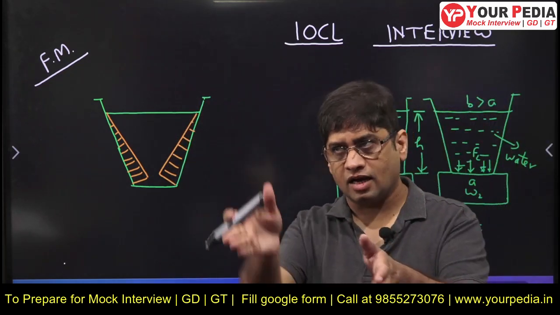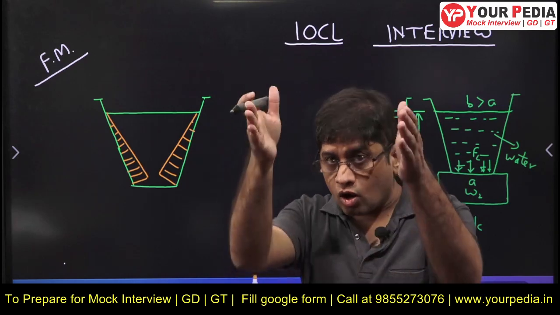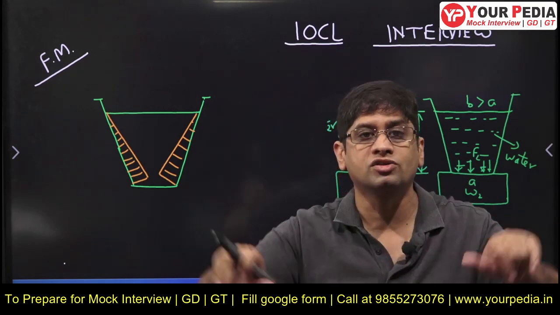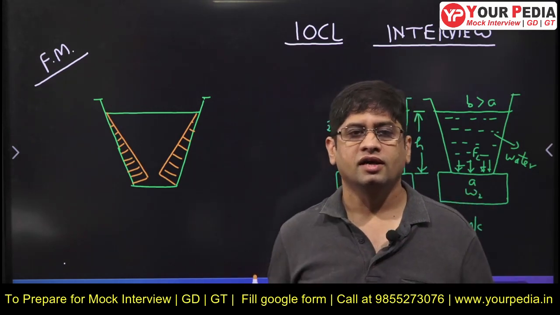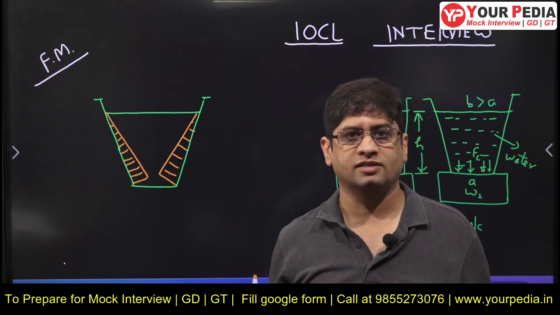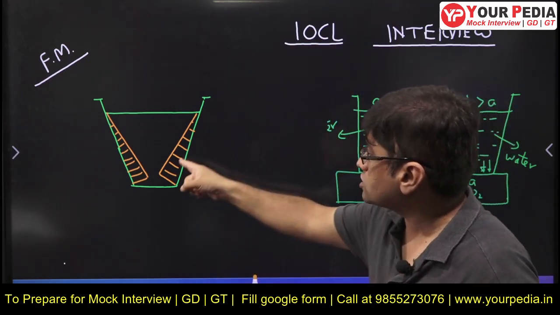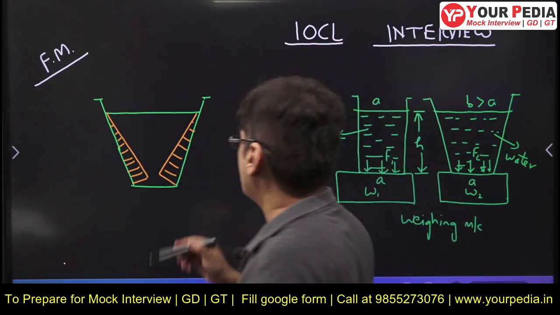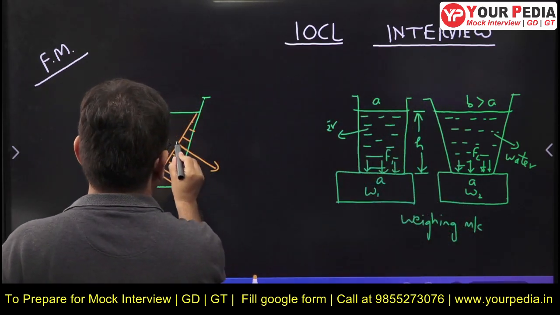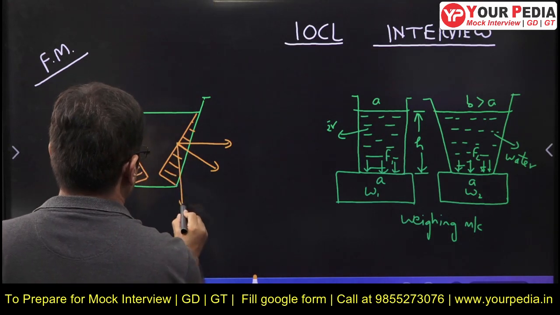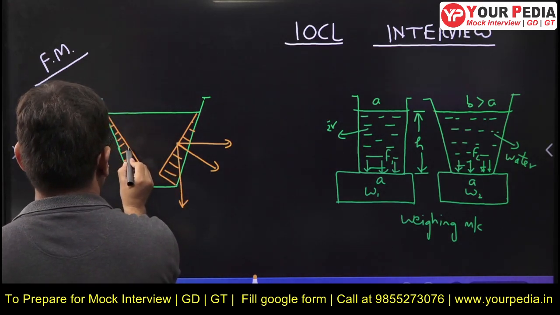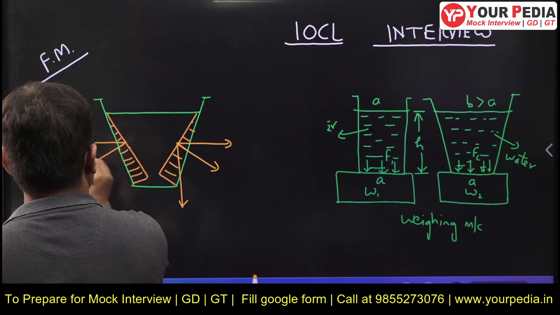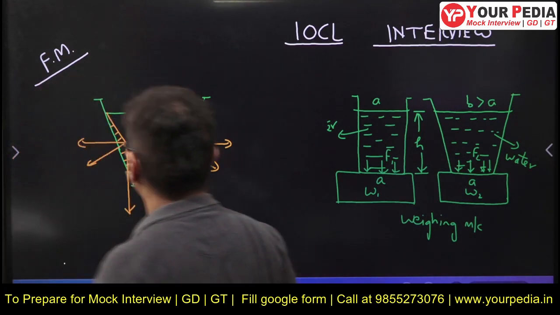In the previous diagram, hydrostatic pressure on the vertical walls was acting in the horizontal direction and cancelling the effect. It was not contributing in the vertical direction. But in this case, hydrostatic pressure, which is always perpendicular to the wall, has two components. One component is horizontal, another component is vertical.